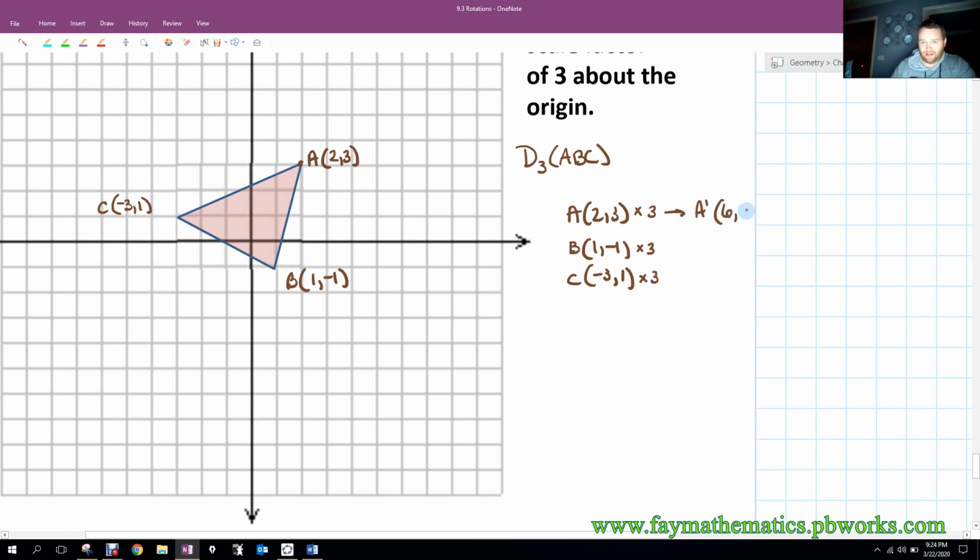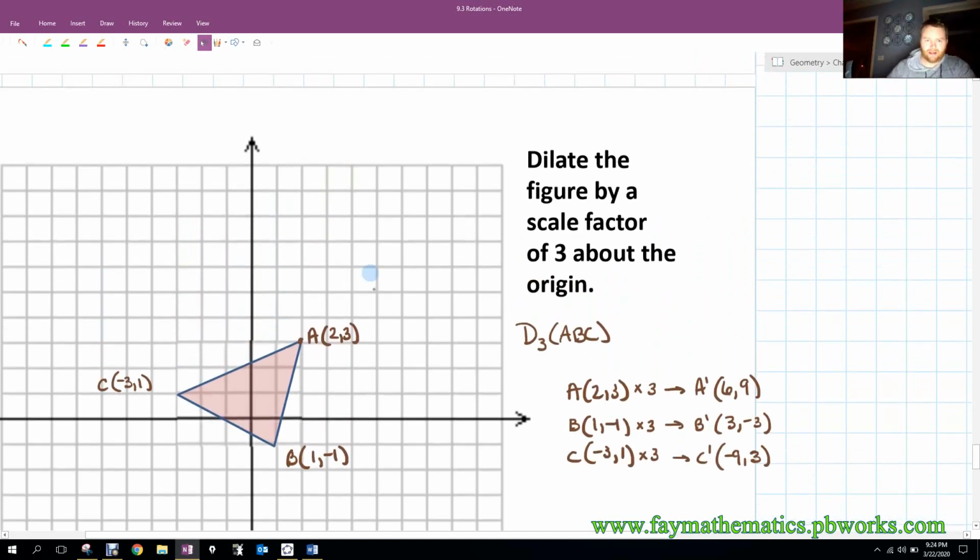So it's going to be 6, 9. B prime is going to be at 3, -3, and C prime will be at -9, 3. Now if I plot those, so 6, 9, so 1, 2, 3, 4, 5, 6, and then 9 is right there, so there's A prime.